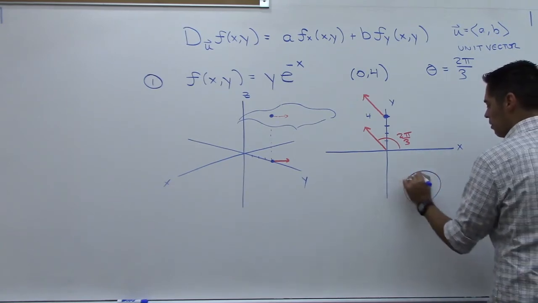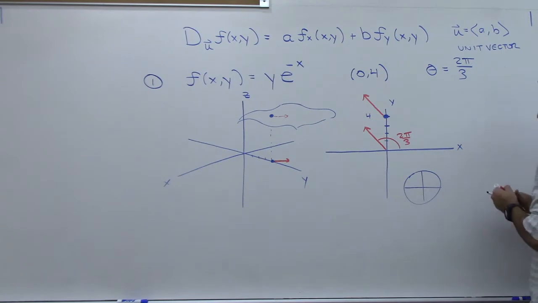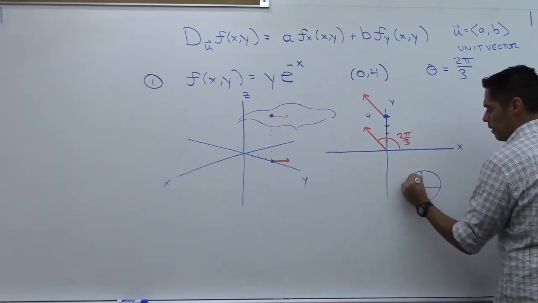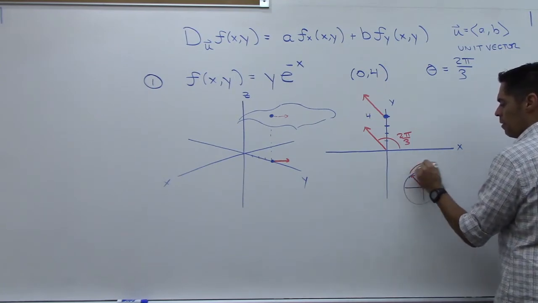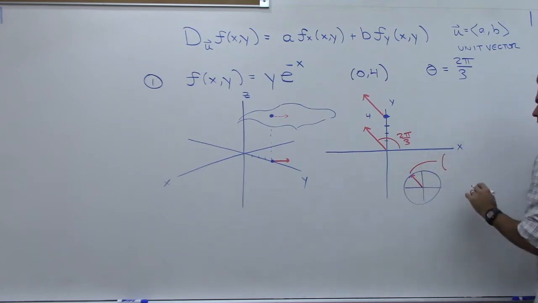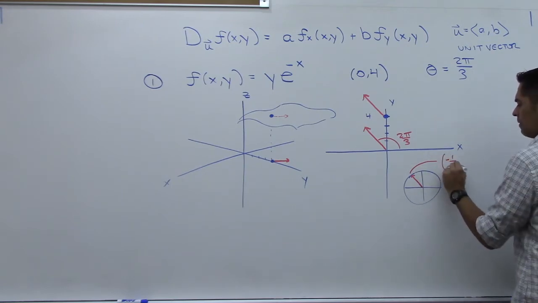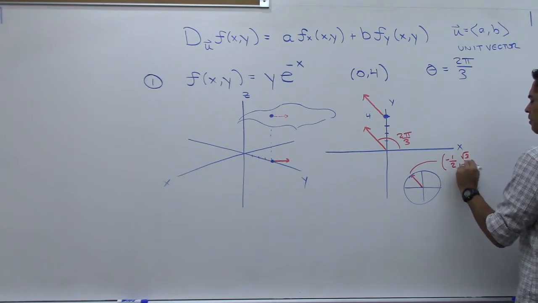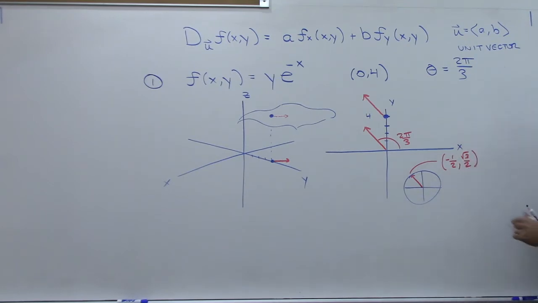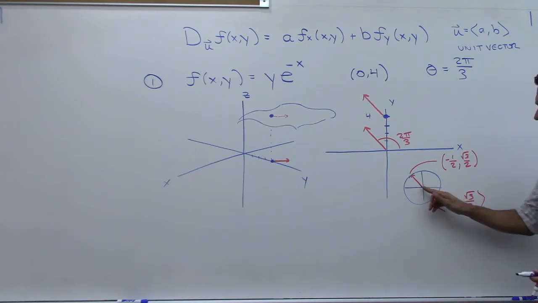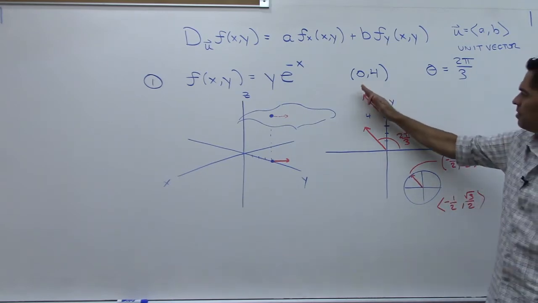Here's our unit circle. Here's our vector. It corresponds to a point on the unit circle. That point is (-1/2, root 3 over 2). And if I look at that point as a vector instead, it goes from the origin to that point, and this vector points in the same direction as this one does.